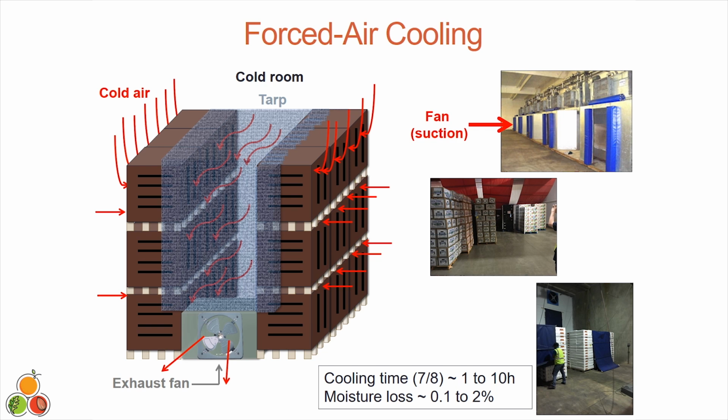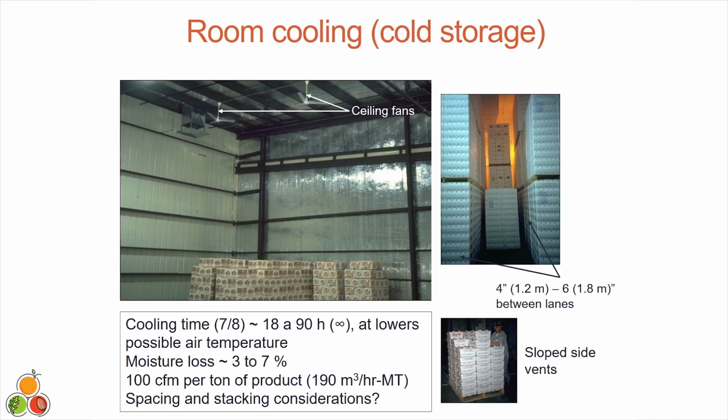Look at the difference in time. Cooling time for 7/8, depending on the product, can be between 1 and 10 hours. Moisture loss is between 0.1 and 2%, in certain cases slightly higher, depending on the product. Here we have much higher moisture loss, and we know that because the product is kept at a higher temperature for longer.